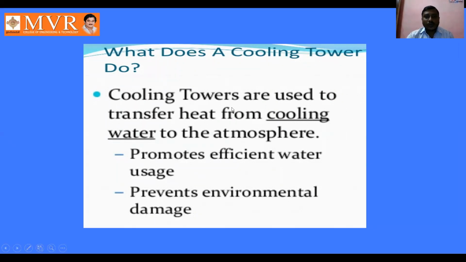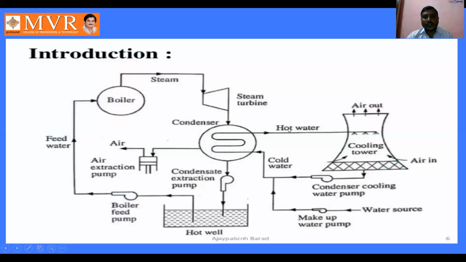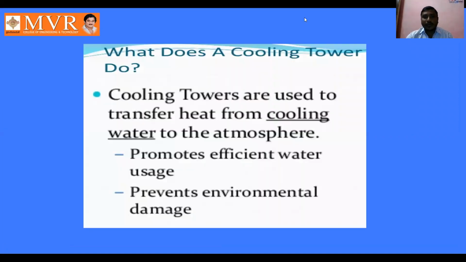See, in the cooling tower, the hot water is coming in. Here is what happens: the cooling tower rejects the heat from the hot water, and it cools it by using the air entering into the cooling tower, and it gives the cooling water to the condenser again. This is what we are studying about the cooling tower.